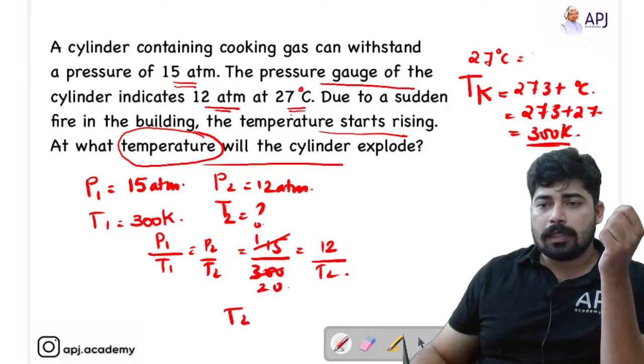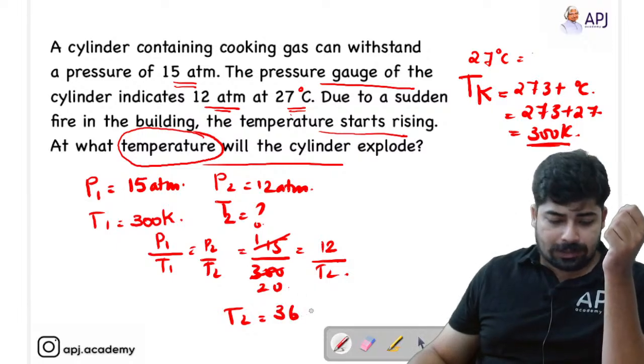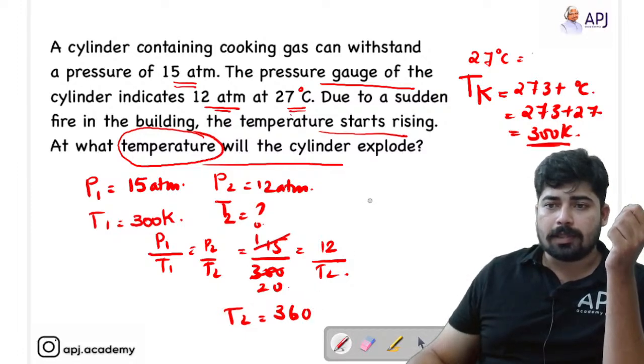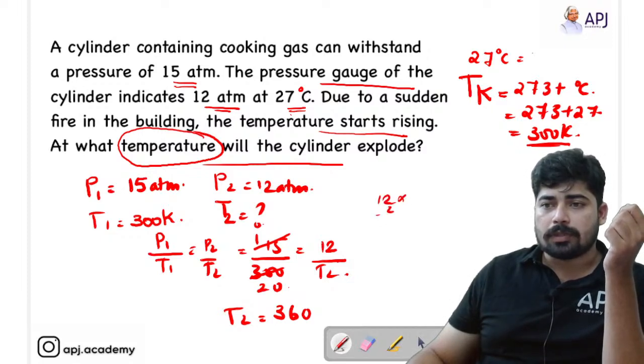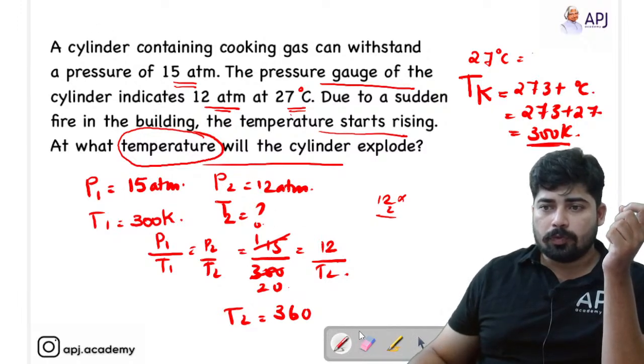So T2 will be equal to 20 into 12, that is 360 Kelvin? Sorry, 12 into 2 is 24, so 240 Kelvin.